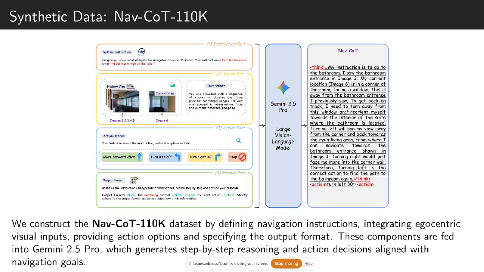For example, we cover scene understanding tasks, we cover navigation tasks, and the navigation tasks can be developed into different formats. For example, what if we have a visual language prompt? What if we have an object goal, right? So there are different kinds of navigation. We merge them together and result in a Nav COT 110K.